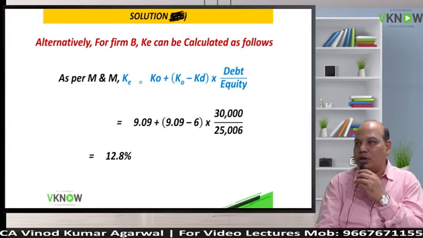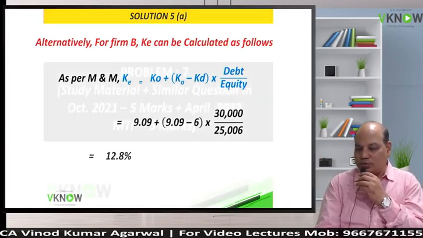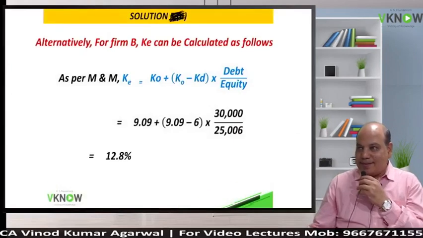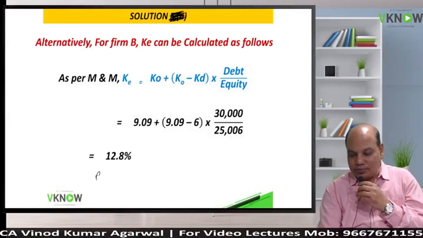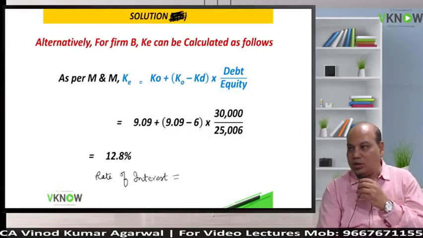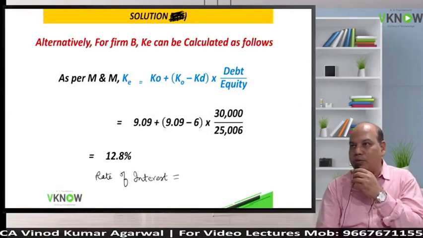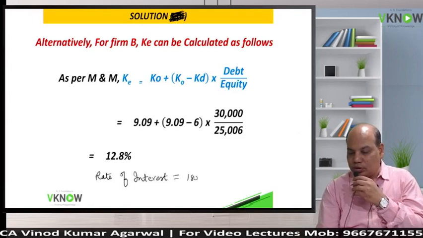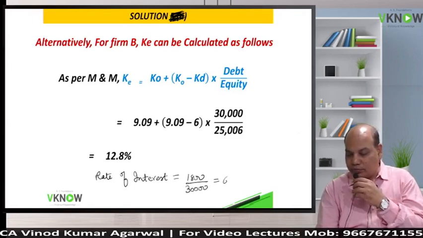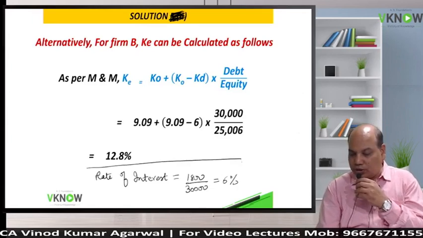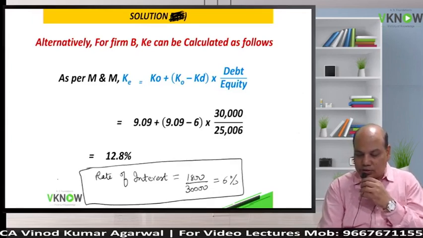Can you just look at the question and give me the rate of interest? You are a student of finance. How much is the interest amount given in the problem? How much is the value of debt given in the problem? 30,000. 6%. So this you will write later as a working note.